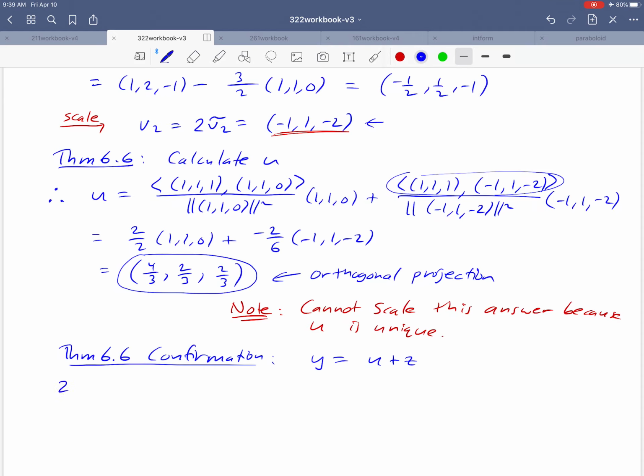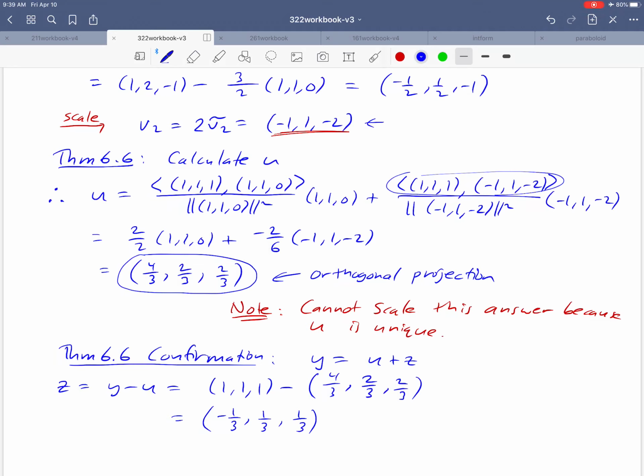If we take that formula and solve it for z, let's just see what that would be. We know that y is 1, 1, 1, and we just calculated u to be this vector. Okay, if you subtract those, here's what you get. Whoops, that's a minus 1/3. Minus 1/3, 1/3, and 1/3.